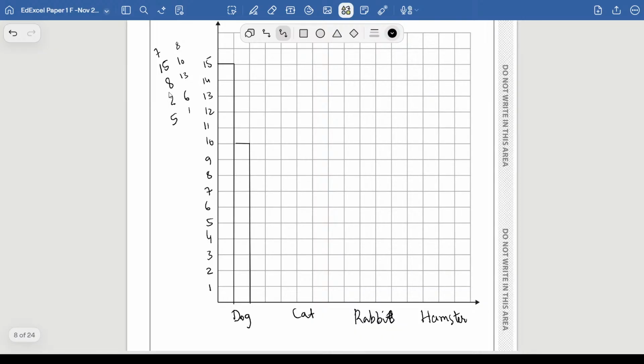And the next one is cat. There are 8 of them for year 7. And 13 for year 8.